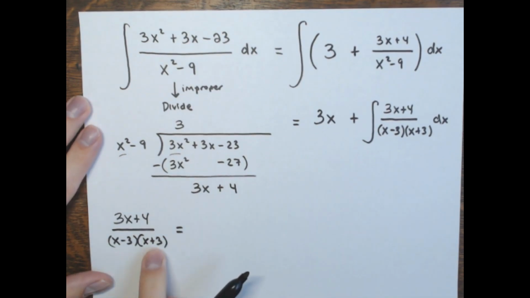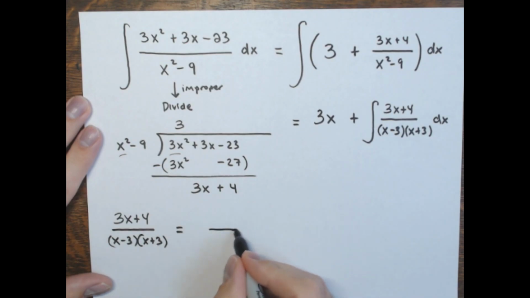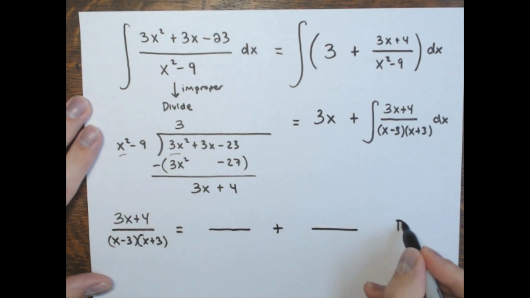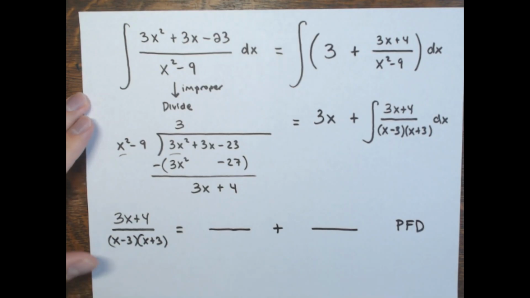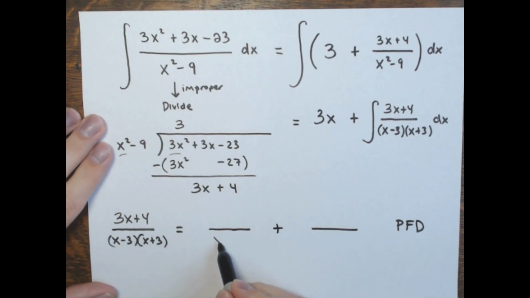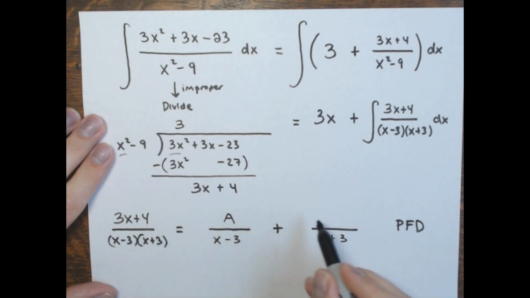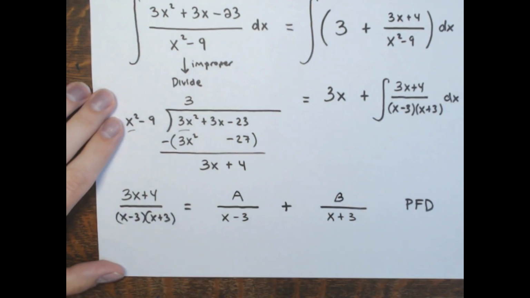Now there's two factors down here, so I should be able to write this as the sum of two fractions. One with x minus 3 and no higher powers, one with x plus 3, no higher powers. No repeats. And these are linears, so I just need constants A and B above those.